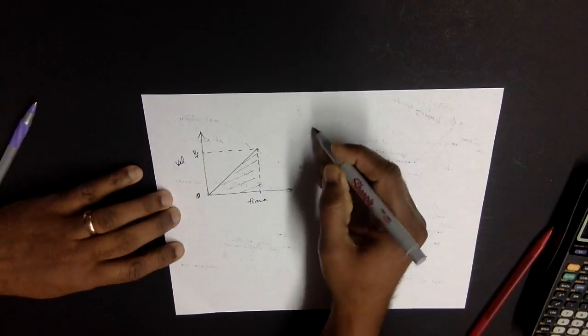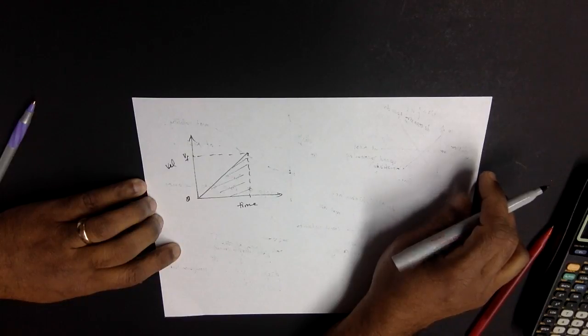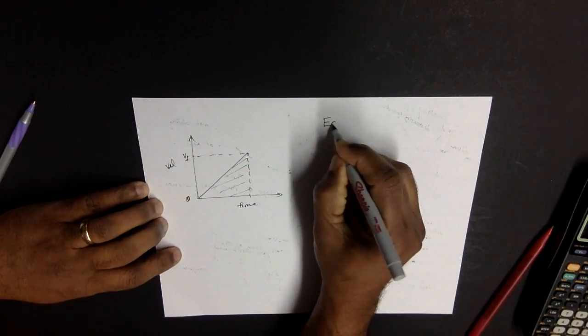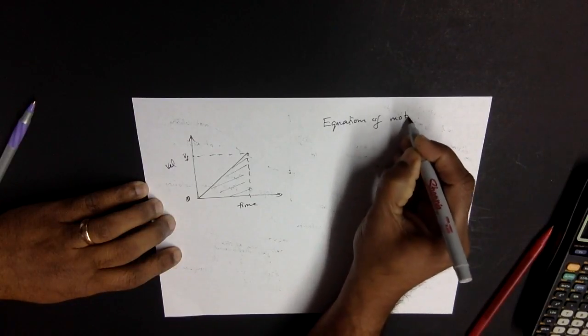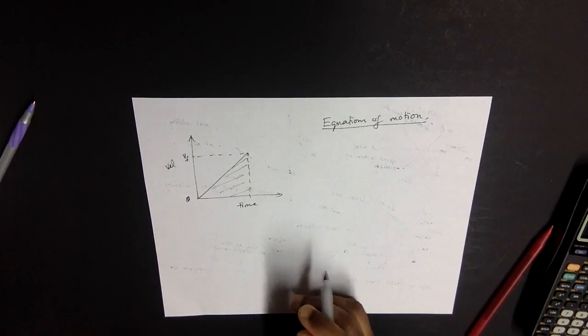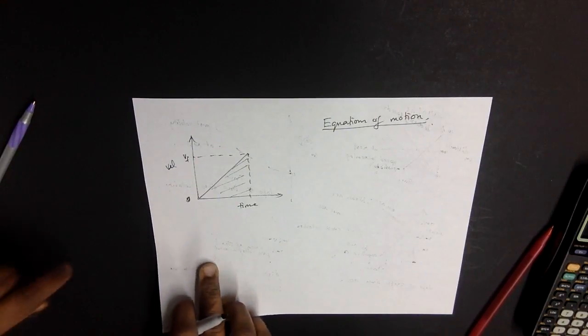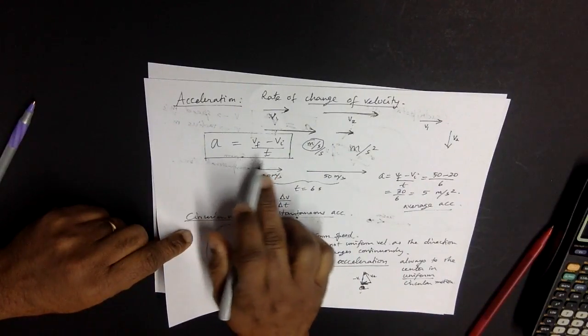So in short, we have a couple of equations to deal with. And those are called the equations of motion. And the equations of motion are derived by using the acceleration equation. So one of them is this, the acceleration equation. That is one of the equations of motion.